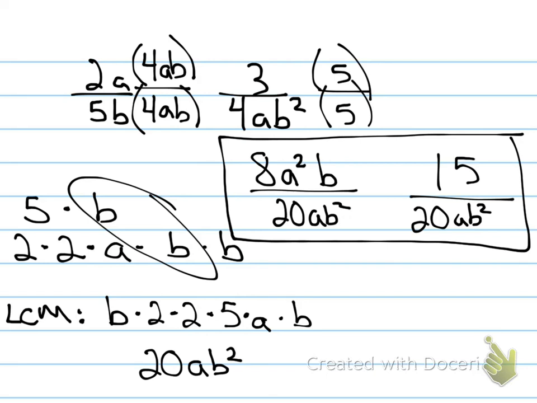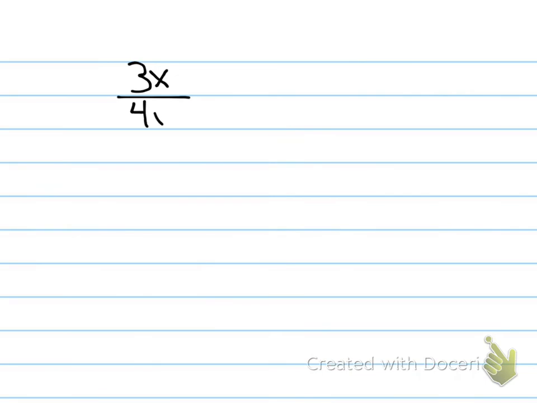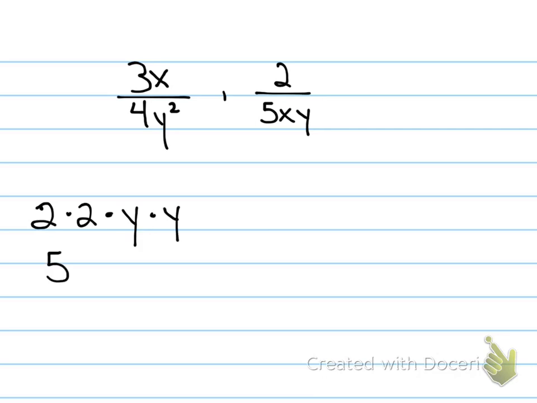All right, let's do another one. Okay, prime factorization of your denominators. Go. See how far you can get on your own. All right, guys, prime factorization. 2 times 2 times y, 5 times x times y. What can I group?